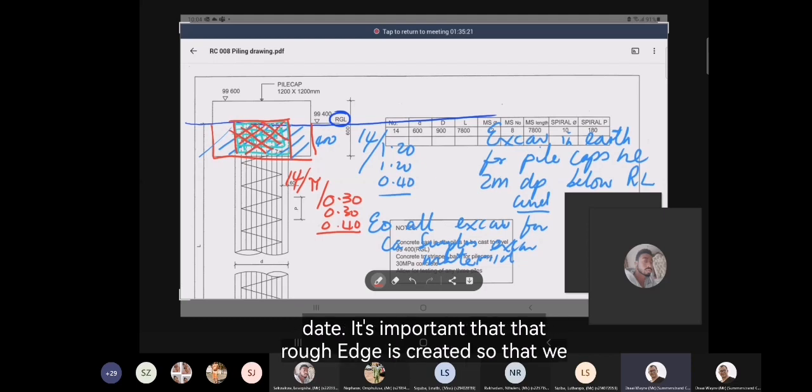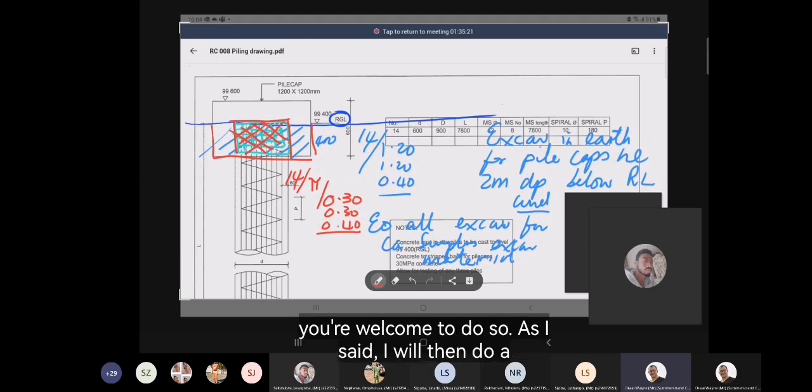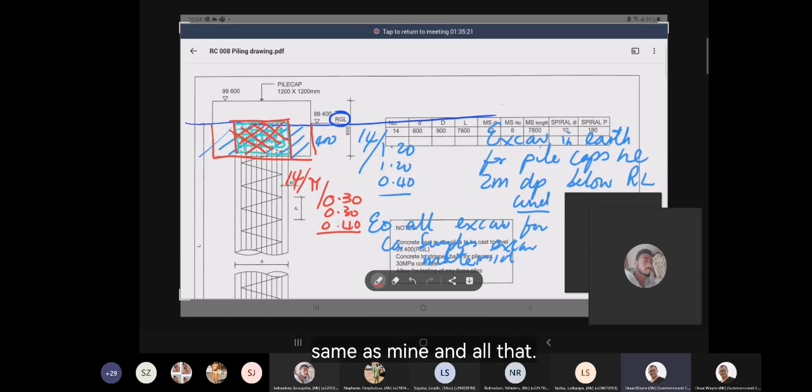It's important that that rough edge is created so that we can have that work. But if you want to measure it that way, you're welcome to do so. As I said, I will then do a calculation at the end to determine whether your volumes are the same as mine and your lengths are the same as mine and all that.